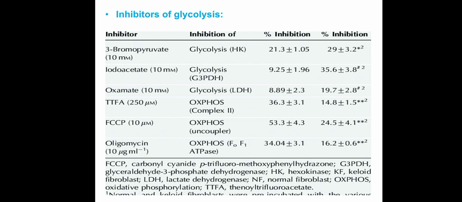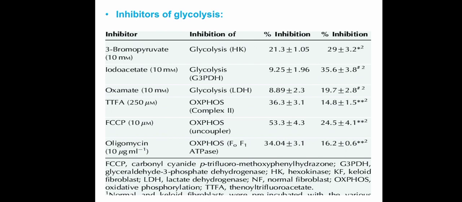Some other inhibitors like iodoacetate or iodoacetamide can bind covalently to and alkylate the SH group, the sulfhydryl group, of glyceraldehyde 3-phosphate dehydrogenase and thereby inhibit the enzyme.